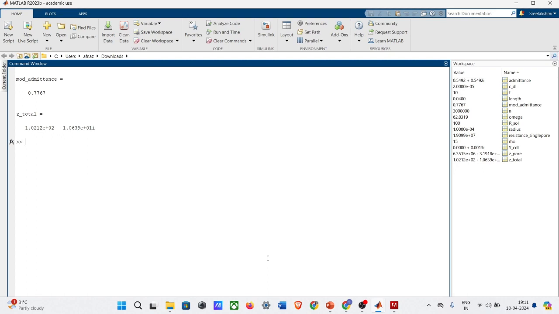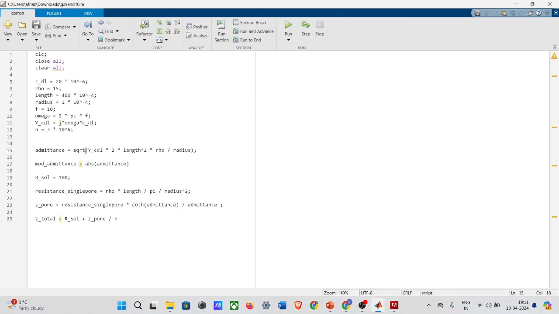I'm getting a different answer. There is a small difference in the mod admittance value, but as per the derivation, you need to put the square root, because the derivation says you will get ML, right?